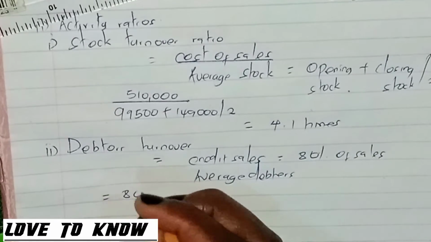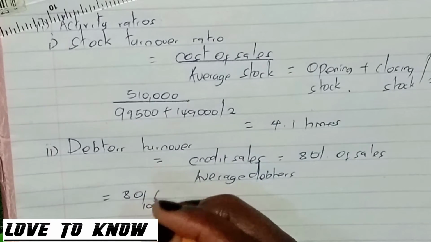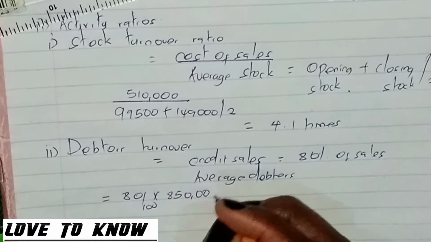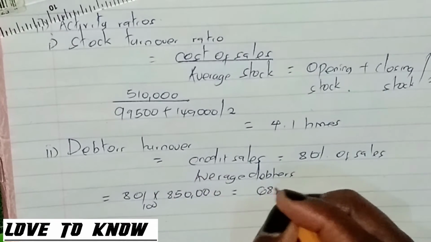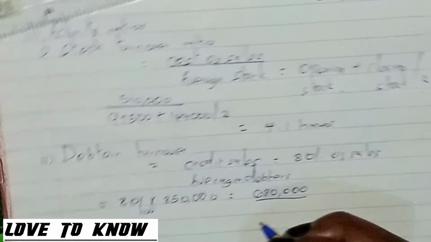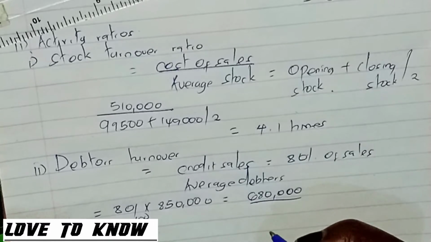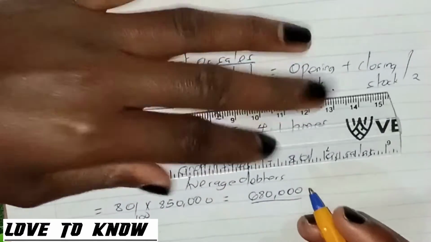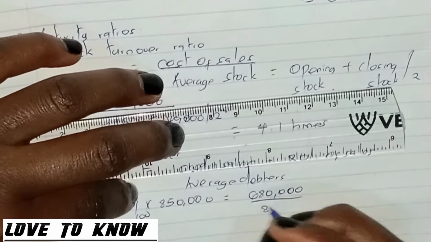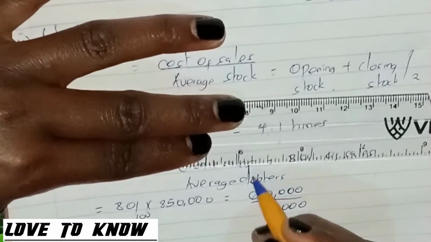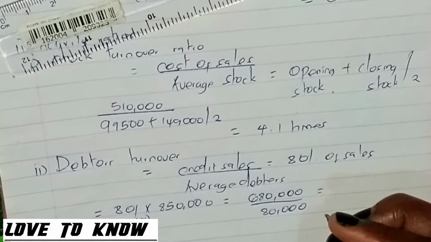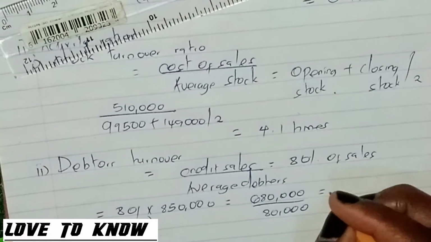This will be 80% of 850,000, which gives us 680,000. Then we divide by the average debtors, that's the debtors amount of 80,000. And this gives a ratio of 8.5 times.